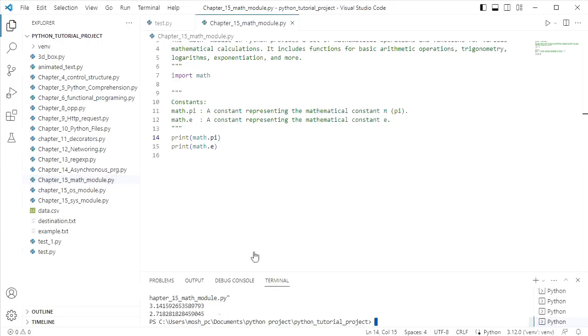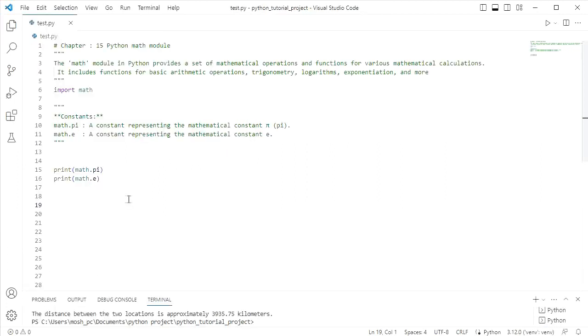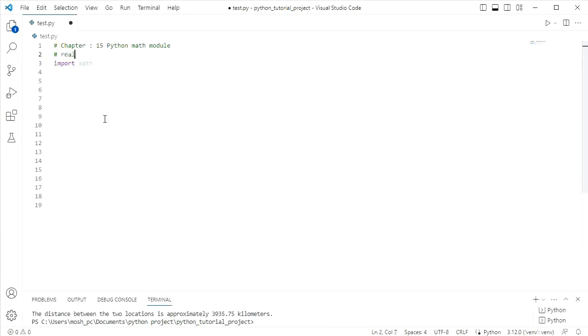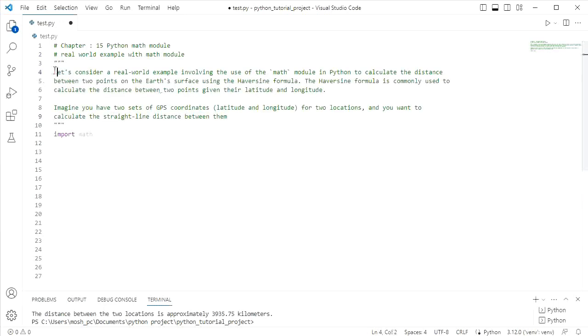Now we will know about a real-world example with the math module. Let's consider a real-world example involving the use of the math module in Python to calculate the distance between 2 points on the Earth's surface using the Haversine formula.